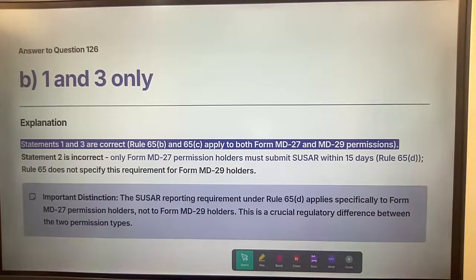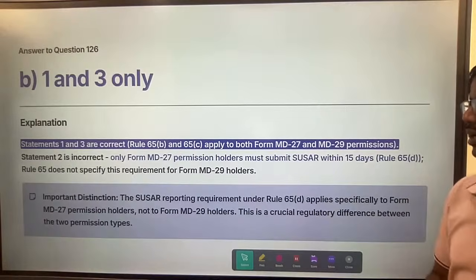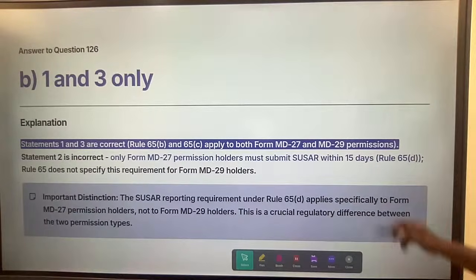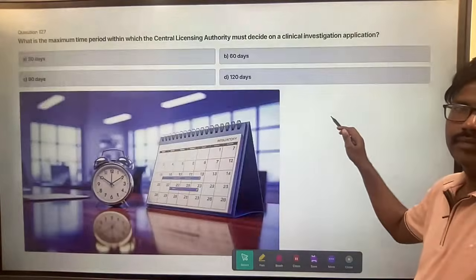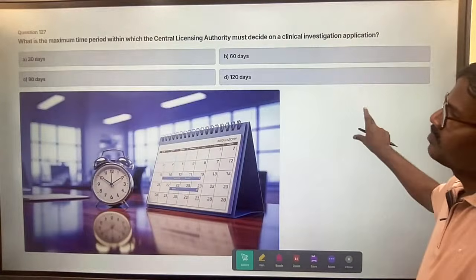Important here: SUSAR reporting requirements under Rule 65D apply specifically to Form MD27 permission holders only, not MD29 holders. This is a crucial regulatory difference between the two types of permissions. Very, very important. Next question.